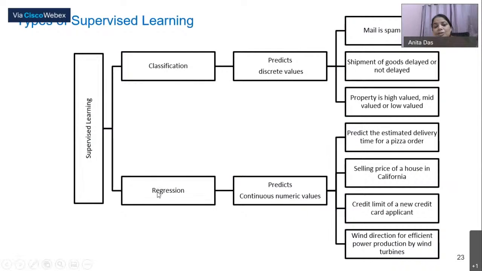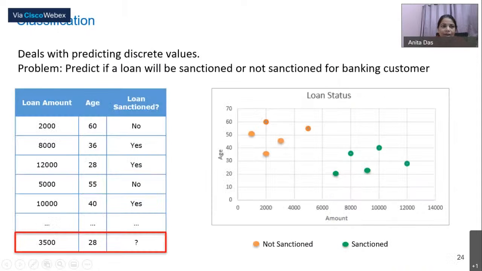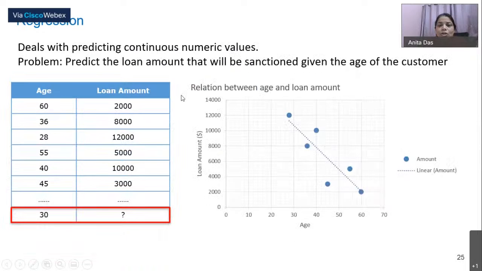If you want to predict the quarterly result of a company, that is a continuous variable, so the prediction will be continuous and the technique is called regression. So classification is about predicting discrete values, and regression is all about predicting a continuous value.